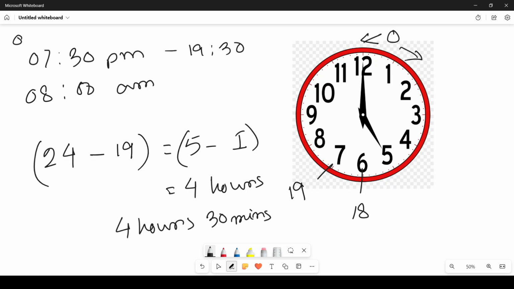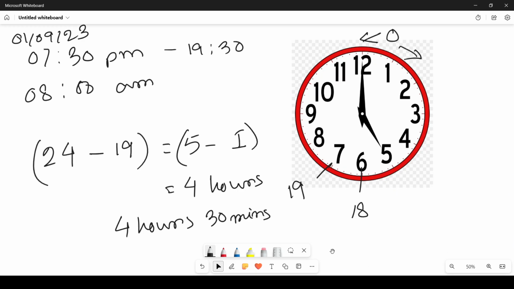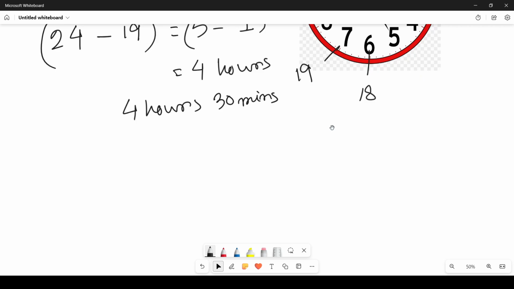Let's say that's 1st of September, right? Now when he is still working and the clock hits 24, it will be midnight and it will go on to 2nd of September. So when did he finish his job?